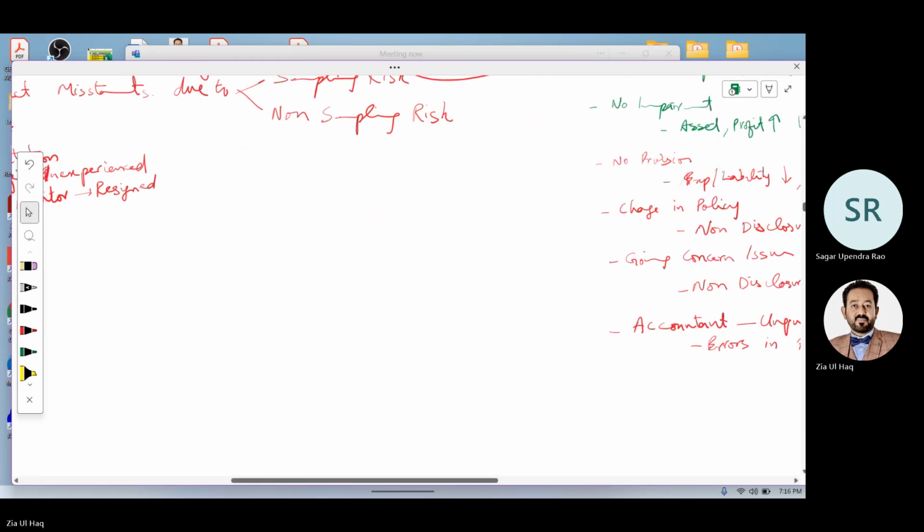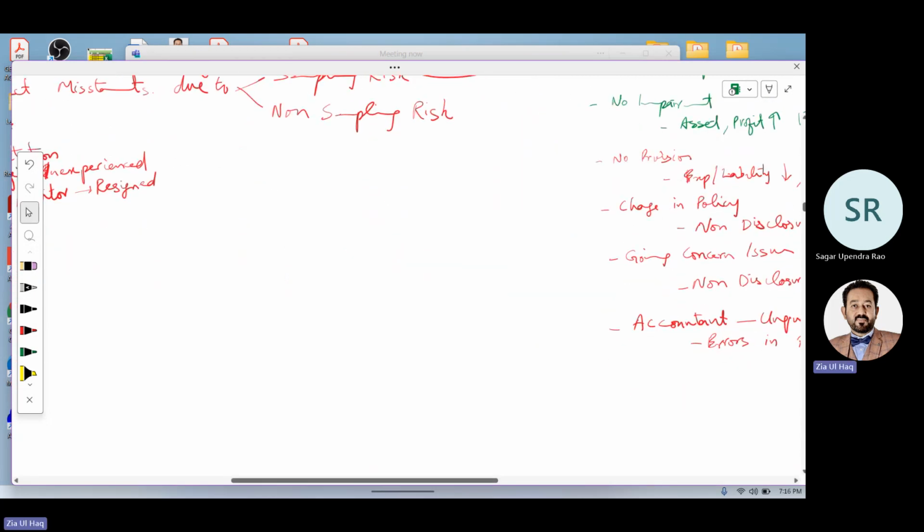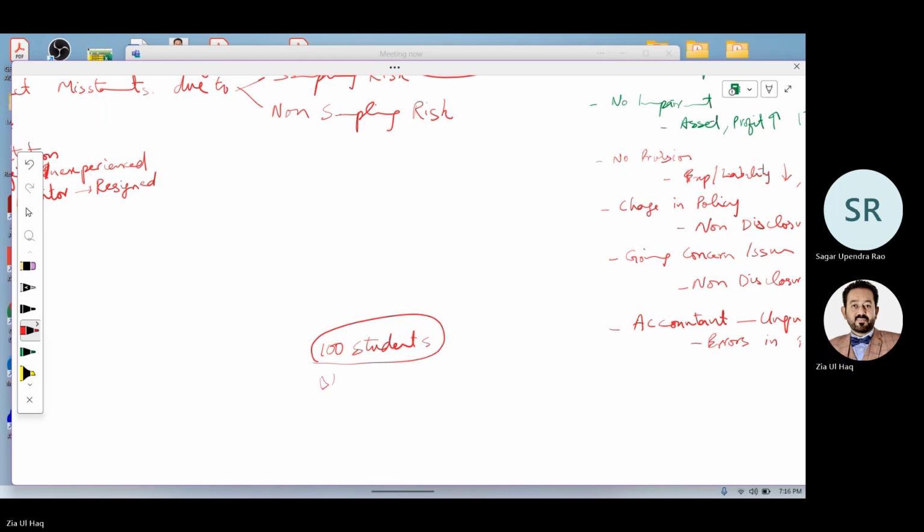Suppose in our class there are 100 students. Suppose we want to know how many students have the blood group, say, B negative. How can we conclude this?